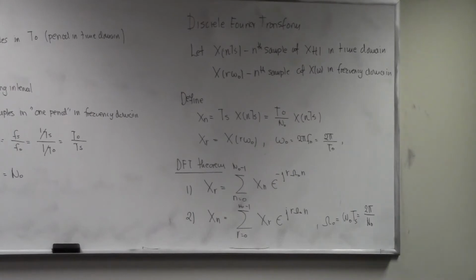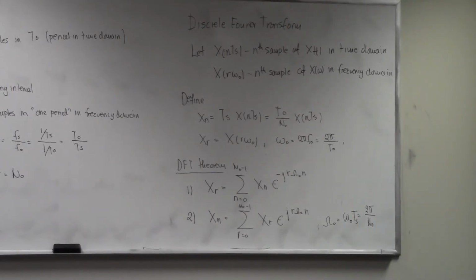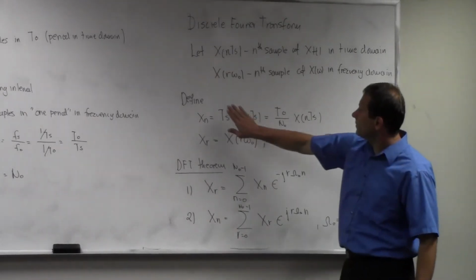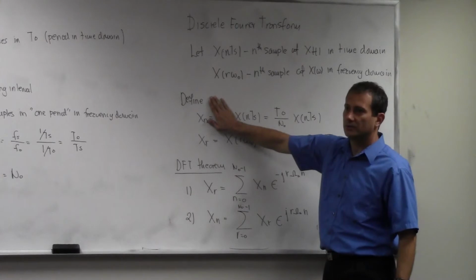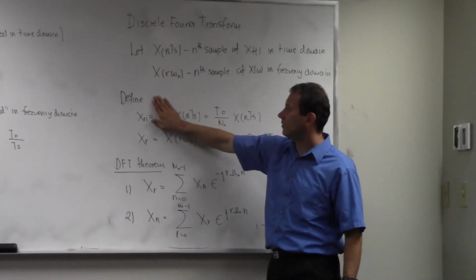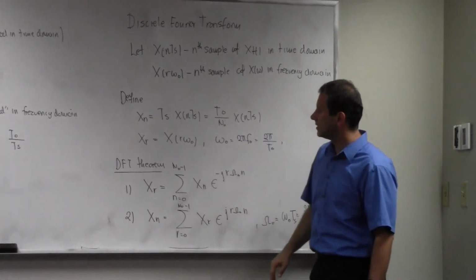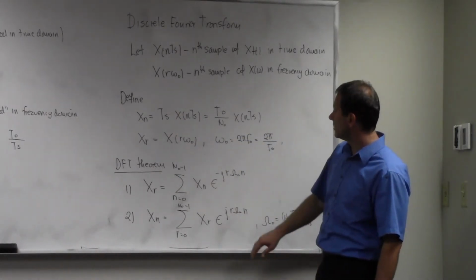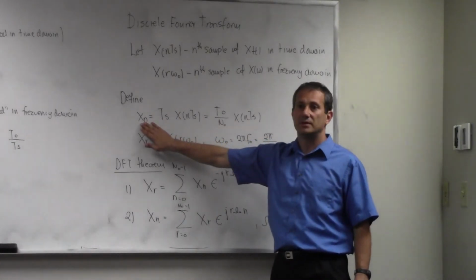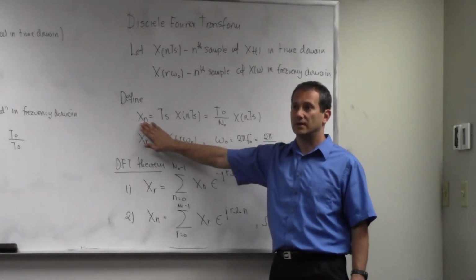All right, so let's stop for a moment and see what we're claiming here. Except for this scaling factor here, which is not that important, but it's there for just math purposes to make sure everything works correctly. These xn's are the samples of the signal in a time domain, right?